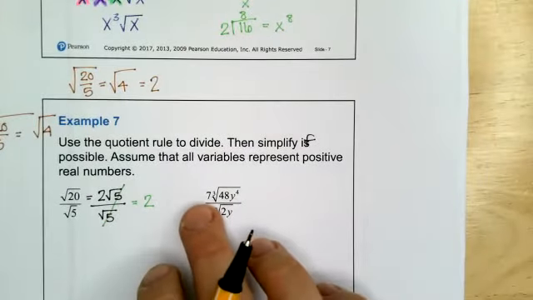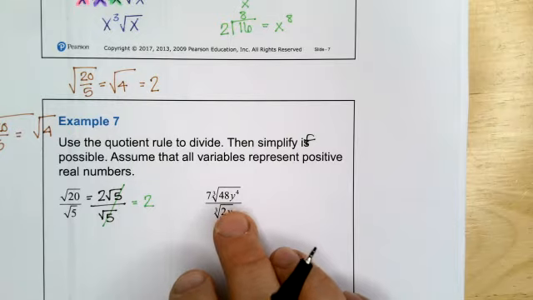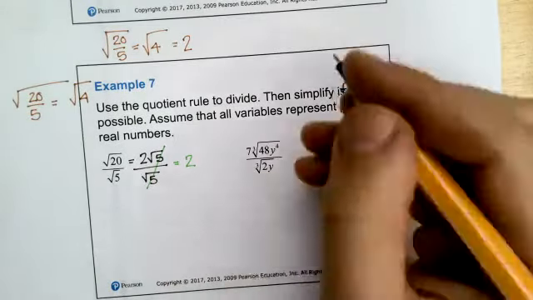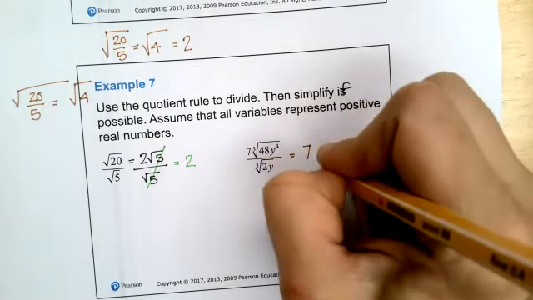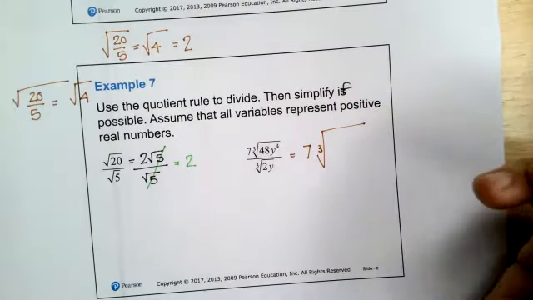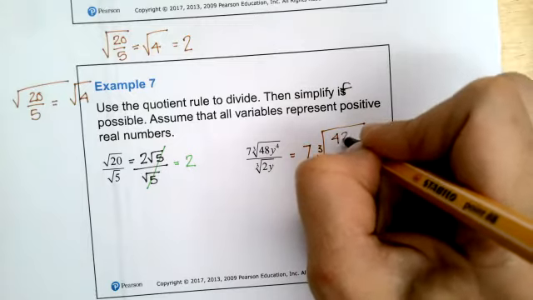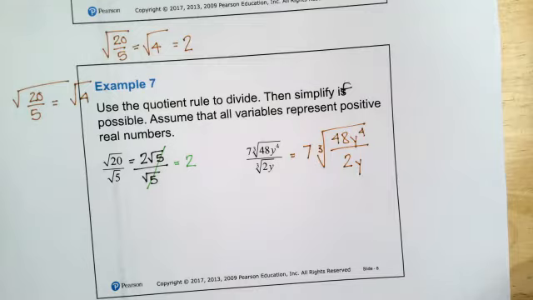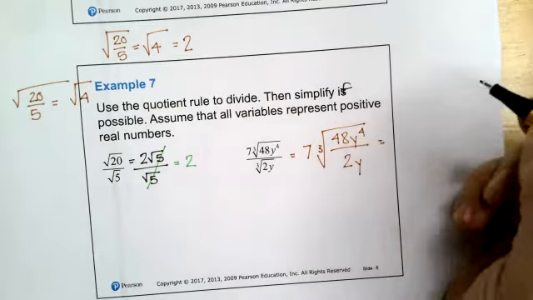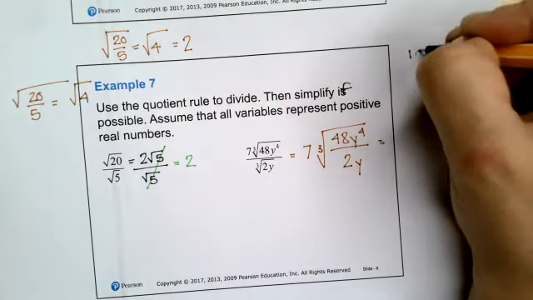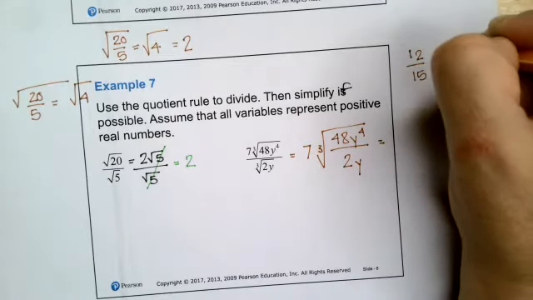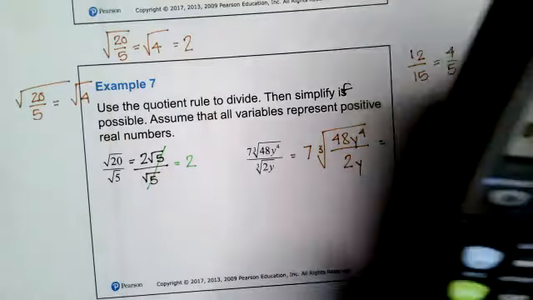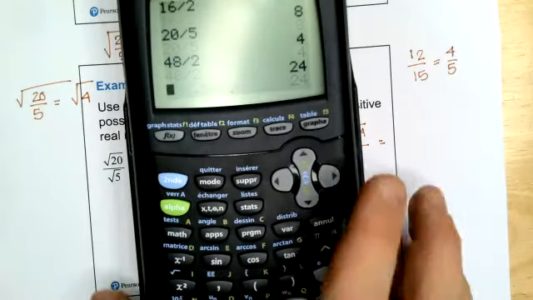Here we have 7 times the cubed root of 48y to the 4th over the cubed root of 2y. What I can say about this is it becomes 7, all of this under one radical, the cubed root of 48y to the 4th over 2y. Just like simplifying 12/15 to 4/5, 48 divided by 2 is 24.